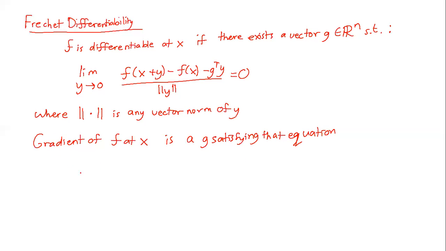We call that g equals del f of x, which is equal to the partial derivative of f with respect to x1, dot dot dot, the partial derivative of f with respect to xn.